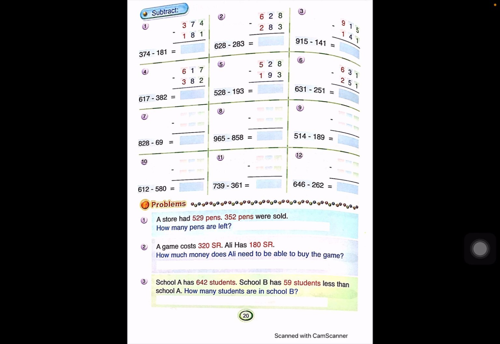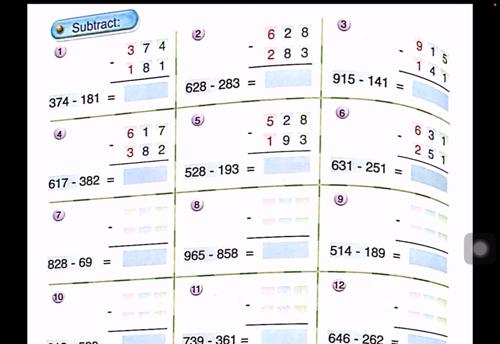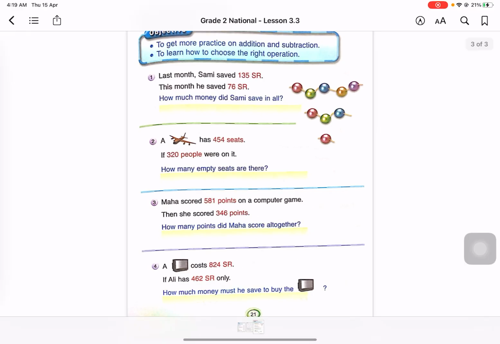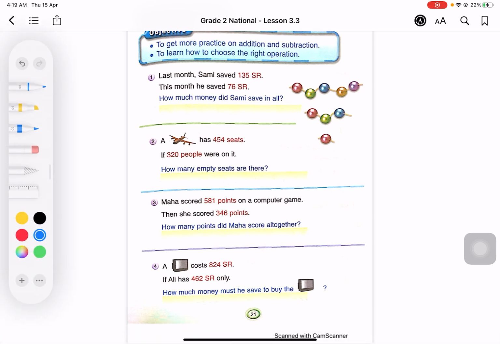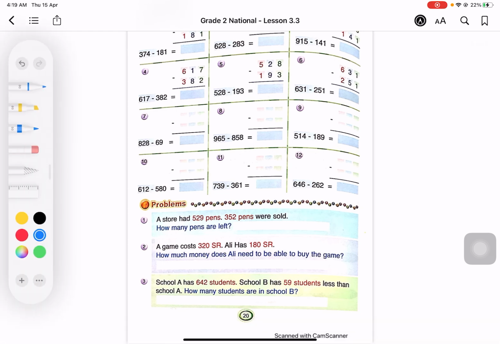They wrote the questions horizontal, and they ask you to write them vertical. So you are going only to subtract.